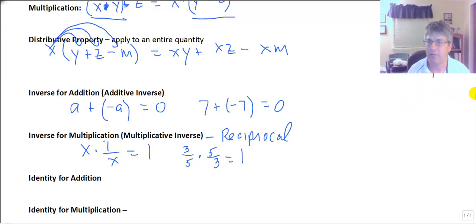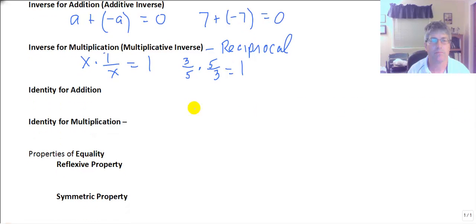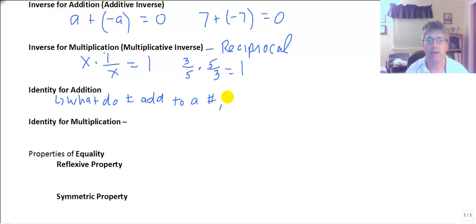The identity for addition. The identity for addition is essentially, when we're adding, what do I have to add to a number in order to get the same number back?